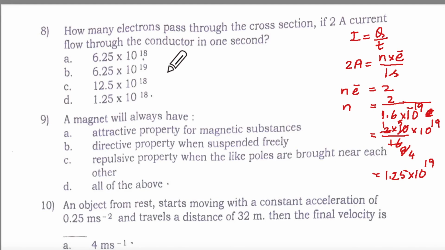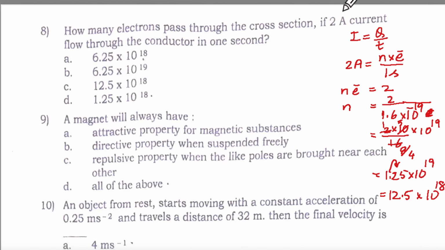Huh? 18 only they have written. So if you shift this, it will become 12.5 into 10 to the power... how much you multiplied. So here you'll divide. Understood?